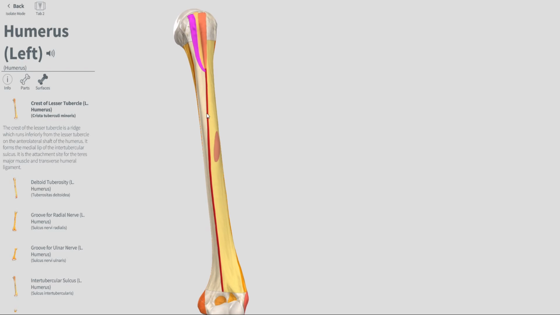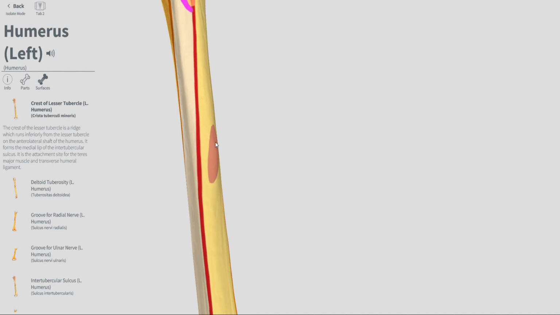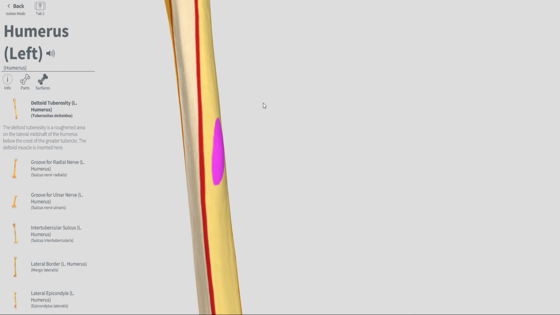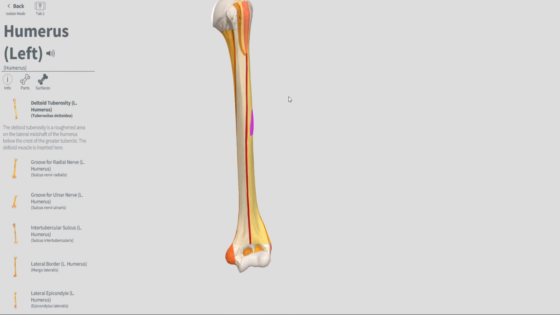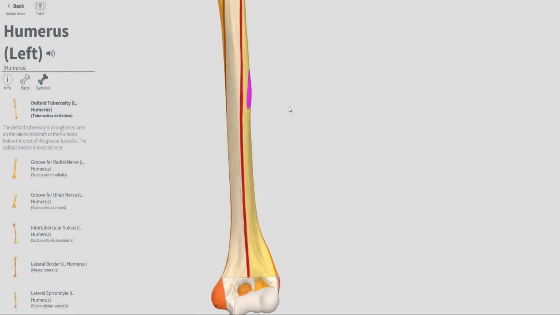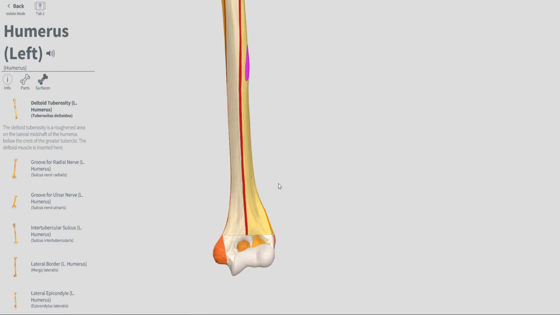If we take a look at this area over here, this is the so-called deltoid tuberosity, which is a point of insertion for the deltoid muscle, and it's also an important landmark if you want to describe this bone.